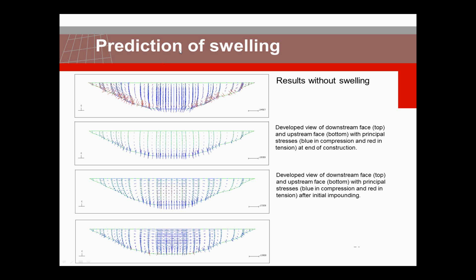So here you see the stresses on the downstream face and the upstream face of the dam. No swelling considered, and we have displayed the stresses as principal stresses. That means with crosses. They are on the outside of the dam, so there's no stress in the normal direction to the face of the dam.